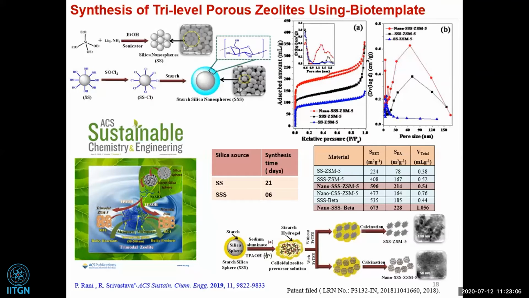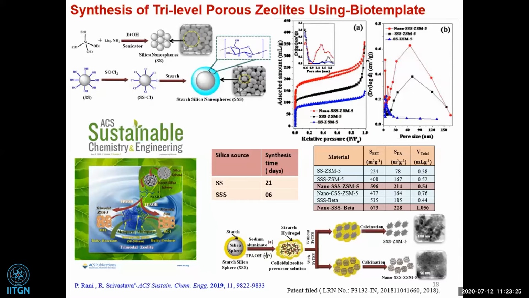So why are we developing zeolite? We are developing zeolite for sustainable catalysis. But the zeolite synthesis, especially the nanocrystalline and mesoporous zeolite synthesis, is not sustainable because we are using a large number of structure writing agents. So can these structure writing agents be replaced with bio-based structure writing agents which are very sustainable?